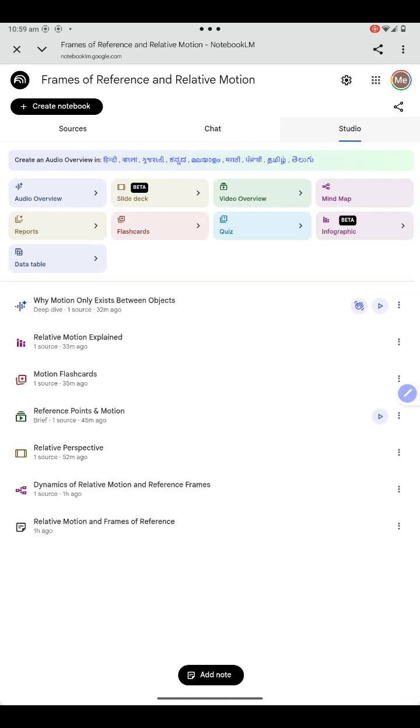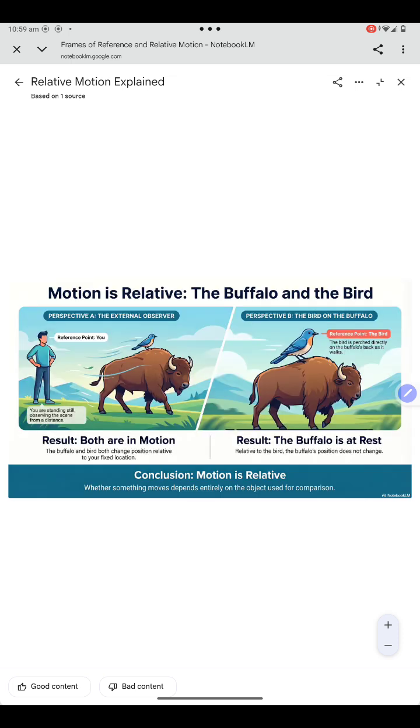We can explain this also using a pictorial representation. Here you can see two pictures which are depicting what is happening. In the first one, the man is the reference point, and the man says that the buffalo and bird are both in motion relative to the man.